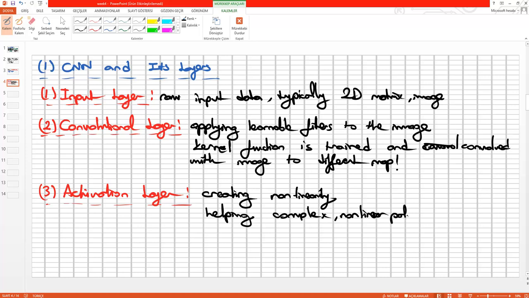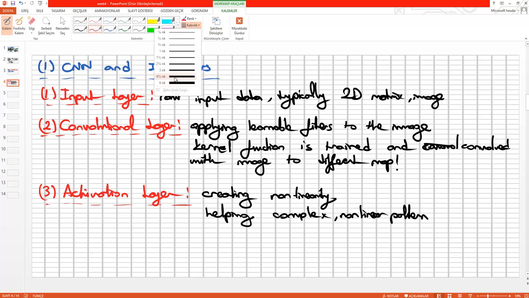For example, we can limit the outputs to 0 to 1 in each layer after the convolution one. So this is the output of the convolutional layer, but the output of this activation layer is also a different map from the convolutional layer.